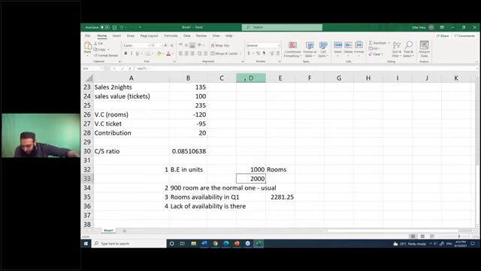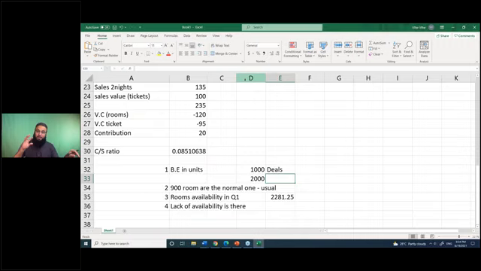Now this 1,000 is basically the break even. We need 1,000 deals. Deals, I'm talking about deals, okay? We need to sell 1,000 deals, right? I can write here 1,000 deals to make it more clear. And in every deal, there is a requirement to stay for 2 nights, which means 2,000 room nights are needed.